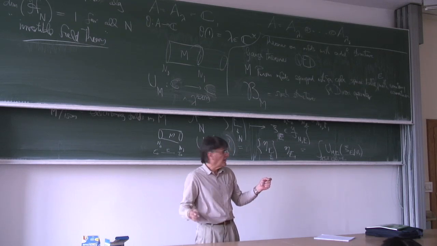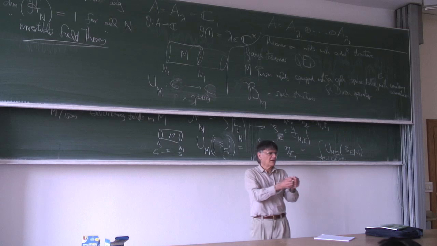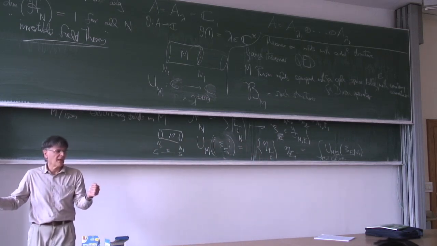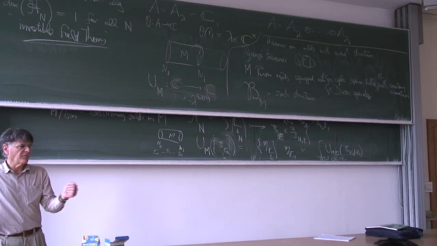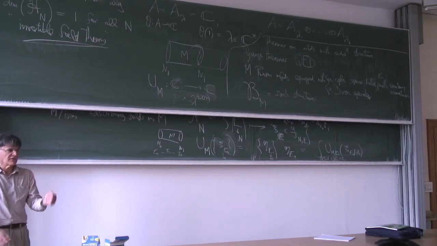Conceivably, there could be none, but in that case, this would be zero, because we're integrating over nothing. Well, that's very unlikely. I mean, the spin structure will usually extend to the spin structure on the cobordism. But if we did have a spin structure that couldn't be extended, then the wave function totally would vanish on that.